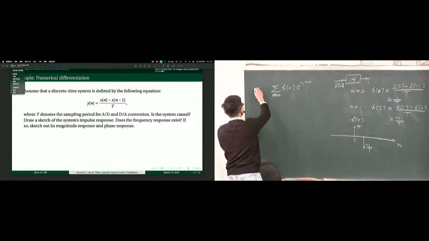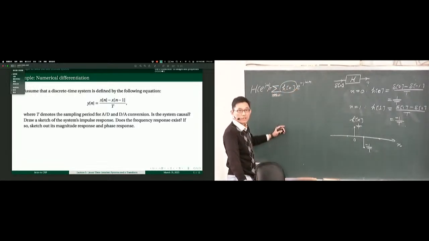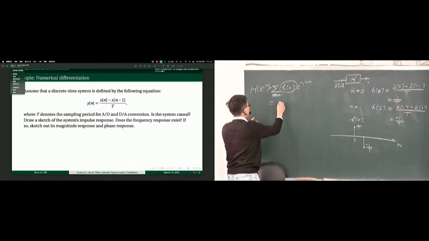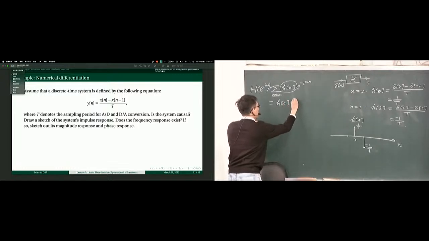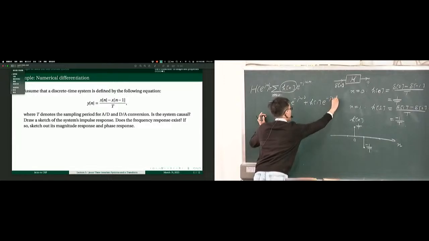So the frequency response, which is the Fourier transform of the impulse response, exists at every frequency, because we are not even talking about an infinite sum. There's no issue of convergence. The sum is really h[0] e to the minus j omega 0 plus h[1] e to the minus j omega 1.